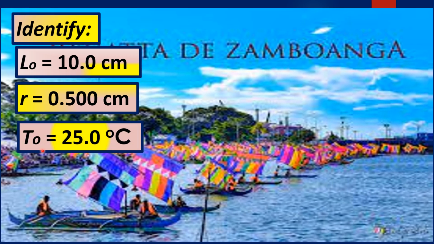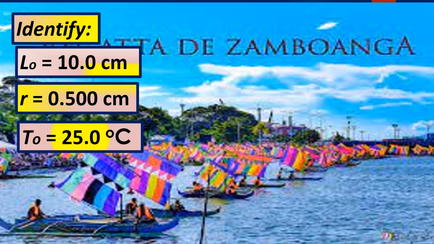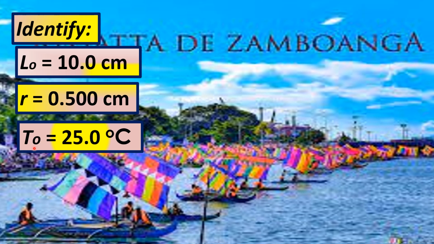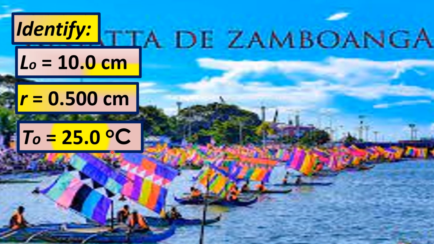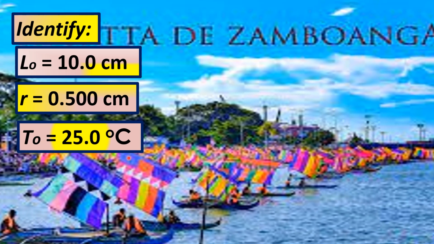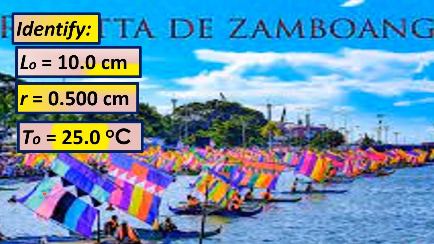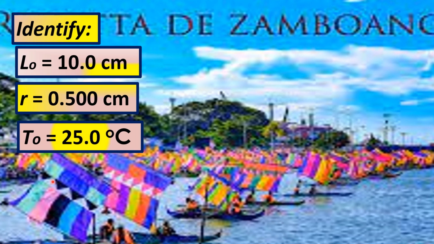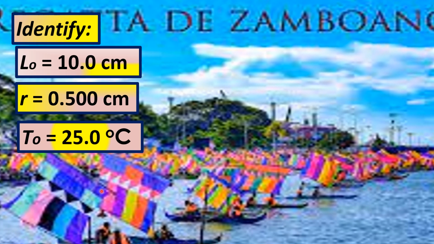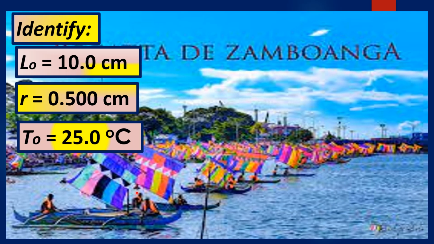The initial temperature of the rod, labeled T naught, is equal to 25.0 degrees Celsius, and its final temperature, capital T, is equal to 13.0 degrees Celsius.